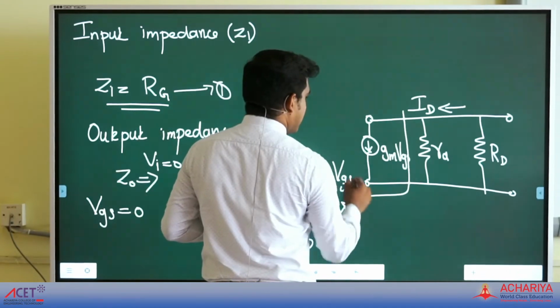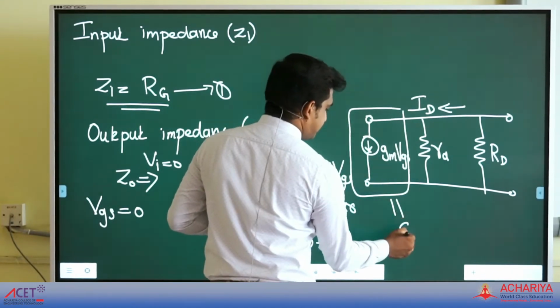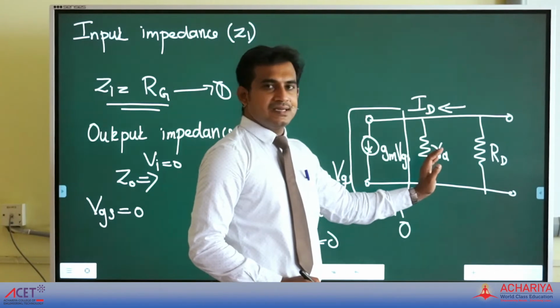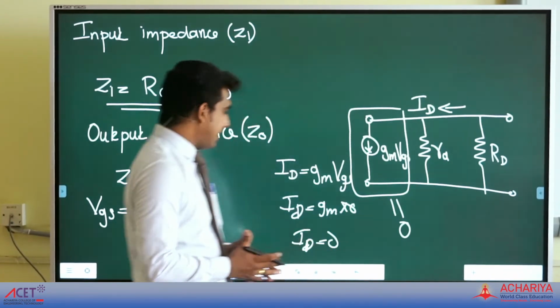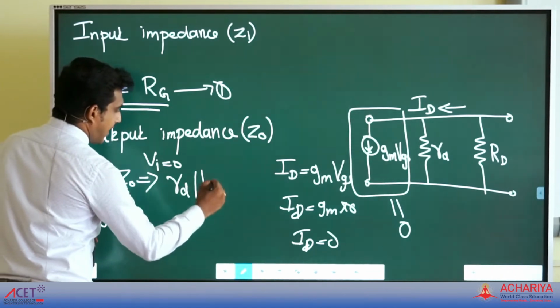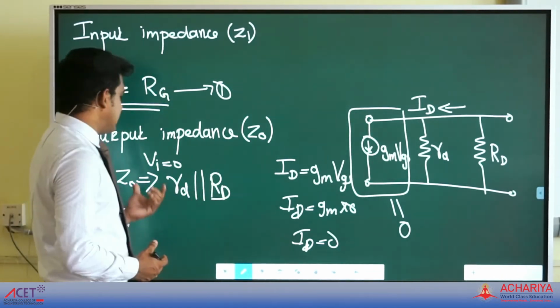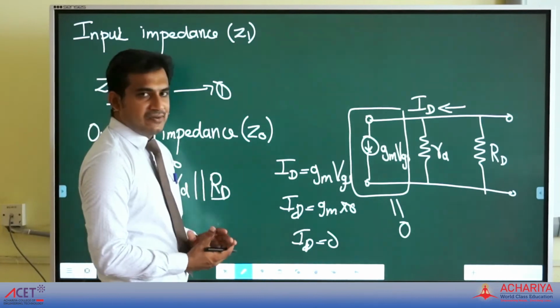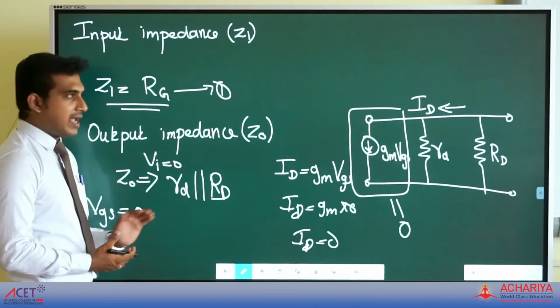That's why this part becomes 0. Now by seeing this circuit, the output side resistance we can write Z0 is equal to small RD parallel capital RD. So this is the output impedance of this AC equivalent circuit.